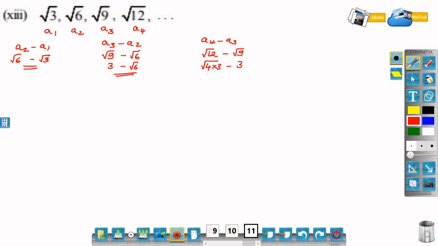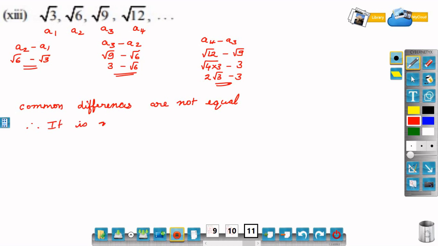Root 9 is 3. So this is 2 root 3 minus 3. Look at the common differences. These are not same. So common differences are not equal. Therefore, it is not an AP.